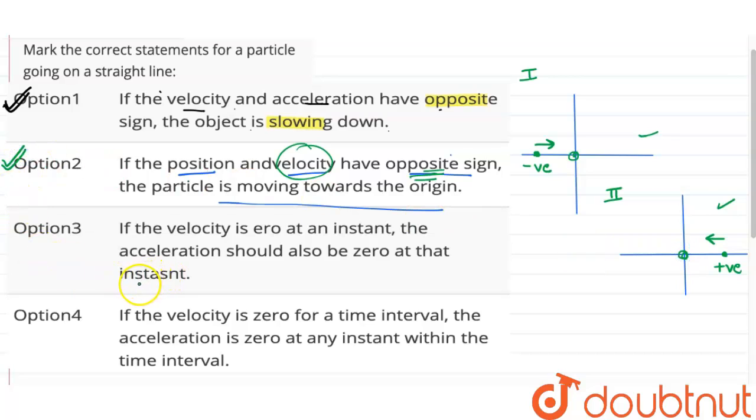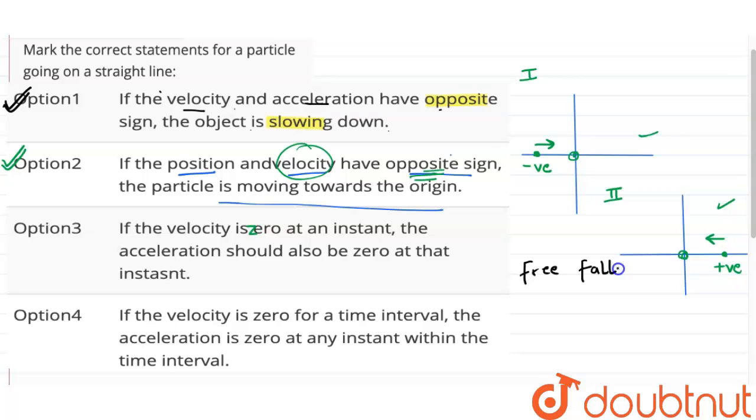Now, moving on to option 3: if the velocity is 0 at an instant, the acceleration should also be 0 at that instant. We know from our daily experience of watching a free falling body that this is not true.